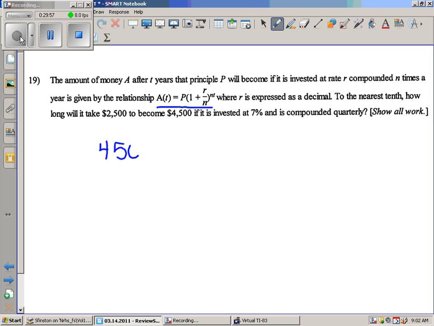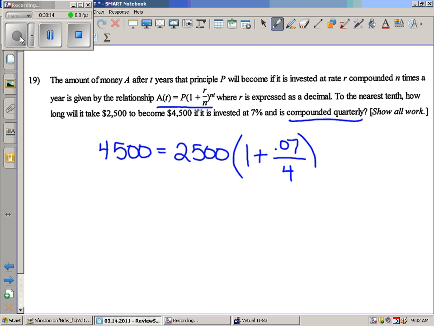So 4,500 is going to be equal to 2,500 times 1 plus, what was the interest rate? 0.07. How is it compounded? What's that mean? What's n going to be? 4. Raised to the 4t. Let's do this. What's the first thing we've got to do?